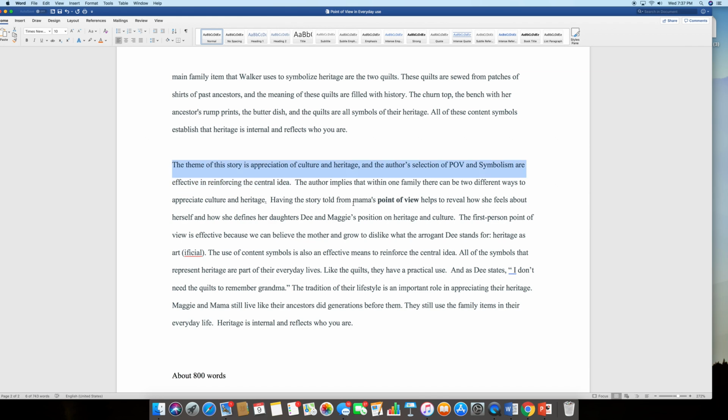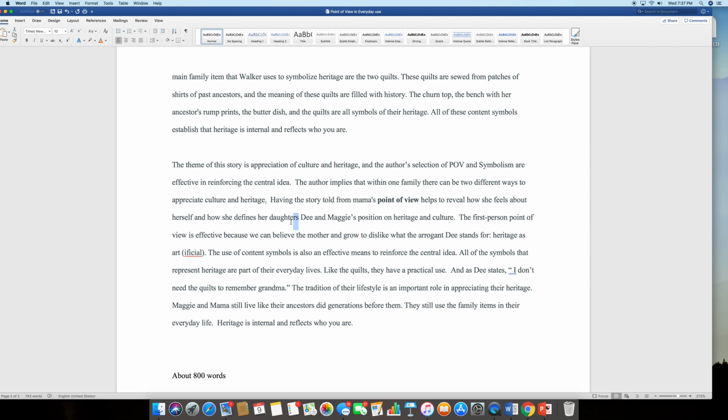Now tell me how. The author implies that within one family there can be two different ways to appreciate culture and heritage. Now, point of view. Having the story told from Mama's point of view helps to reveal how she feels about herself and how she defines her daughters, Dee and Maggie's, position on heritage and culture.